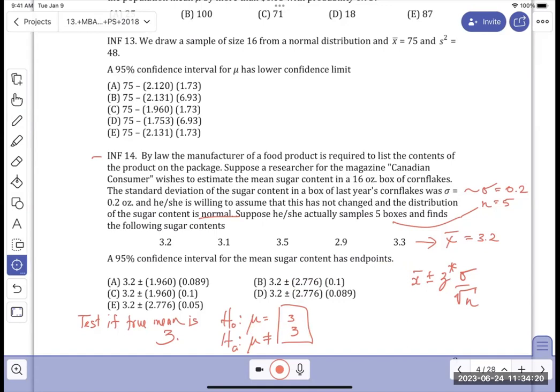I give you an extra problem to do there. So in general, if given sigma, you don't need S, right? The best case is to use the true standard deviation.